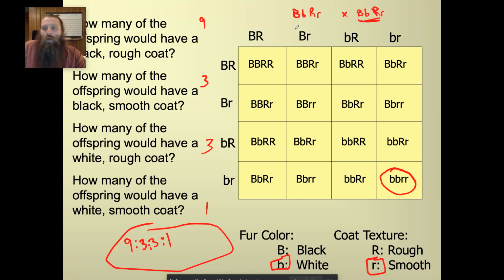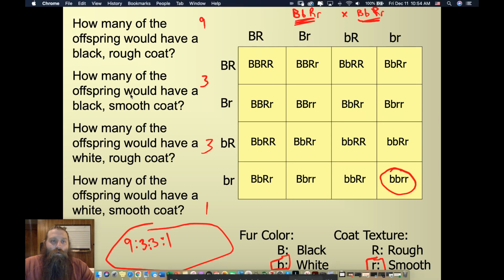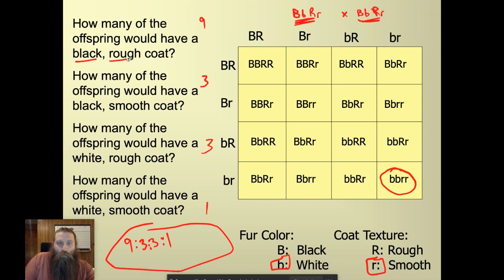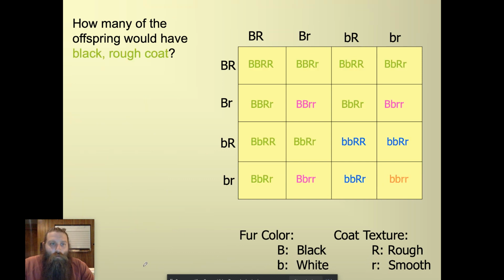They're true hybrids for both traits. We always get 9:3:3:1 as our ratio. And the ratio is, so 9 are dominant, 3 are dominant, recessive, 3 are recessive, dominant, and then 1 is both recessive. So that's what we expect to see.